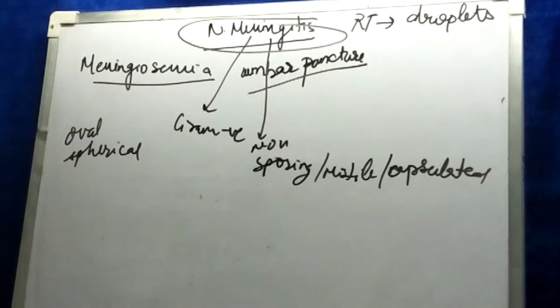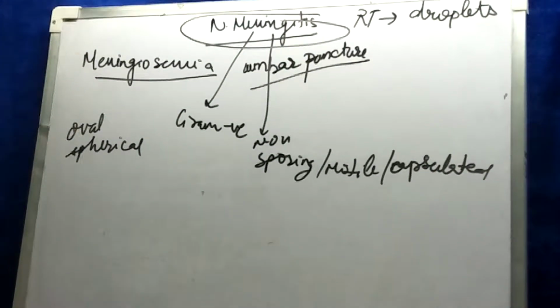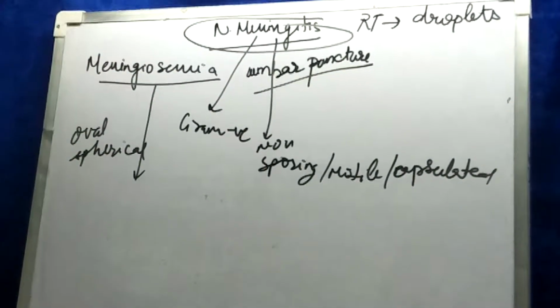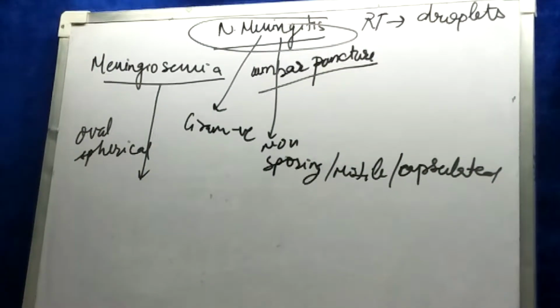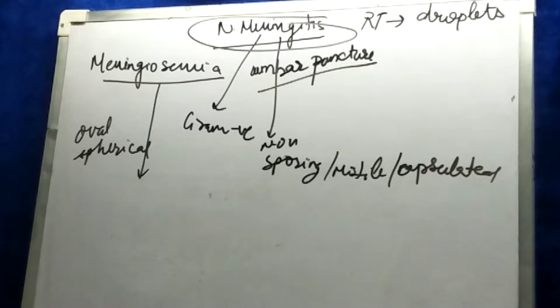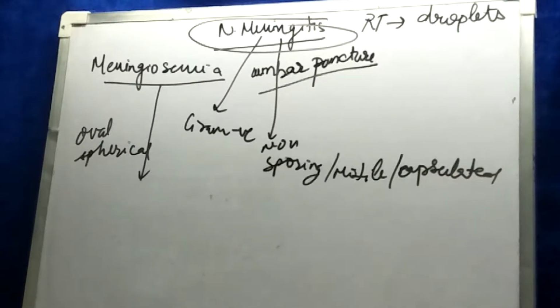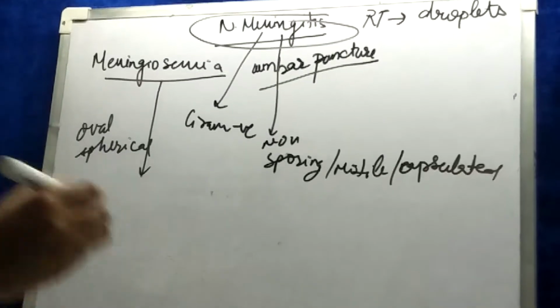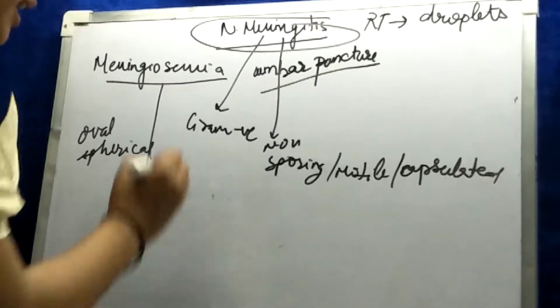Meningococcemia is acute fever and there is discomfort. Also, metastatic involvement of joints, eyes, ears and lungs is seen. I'll tell you once again.